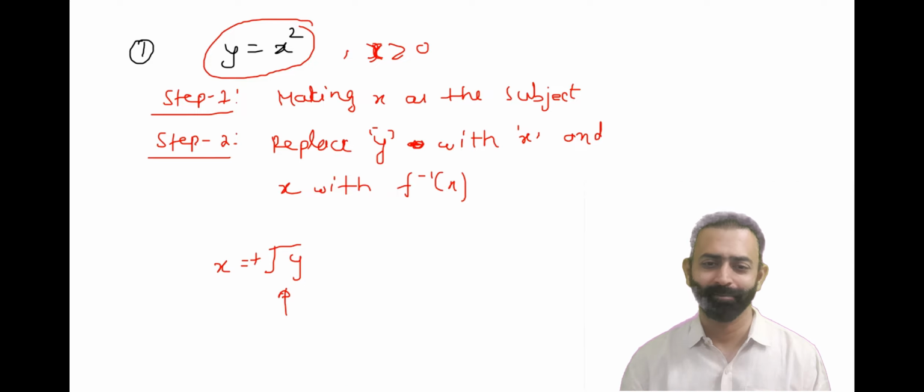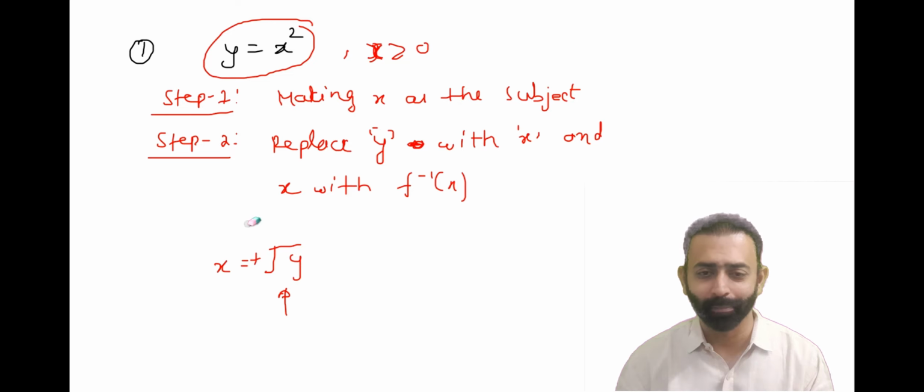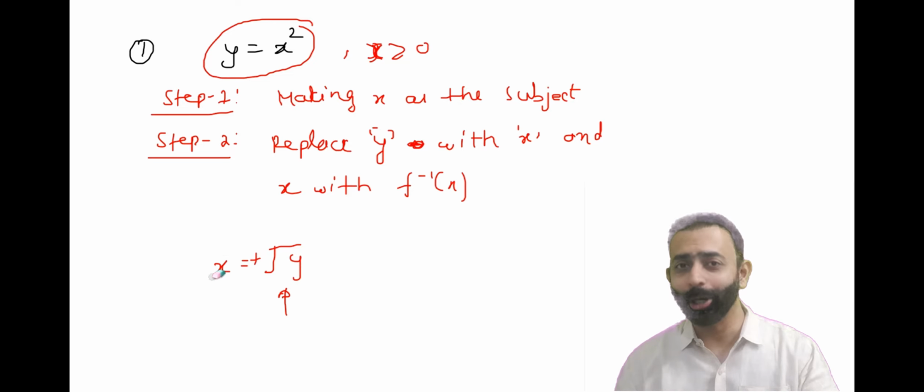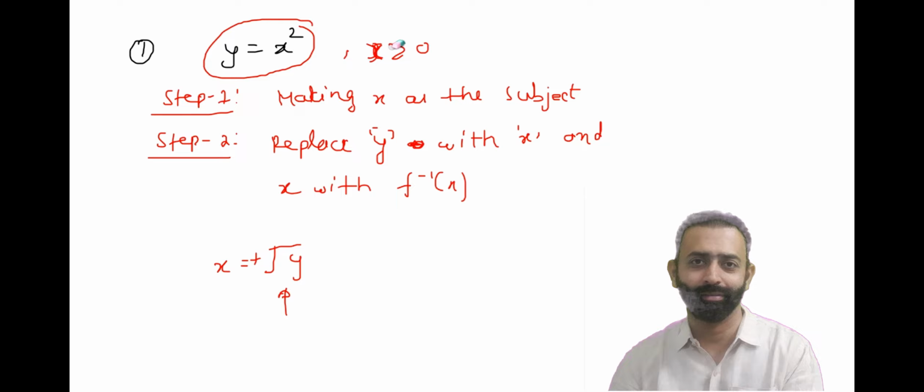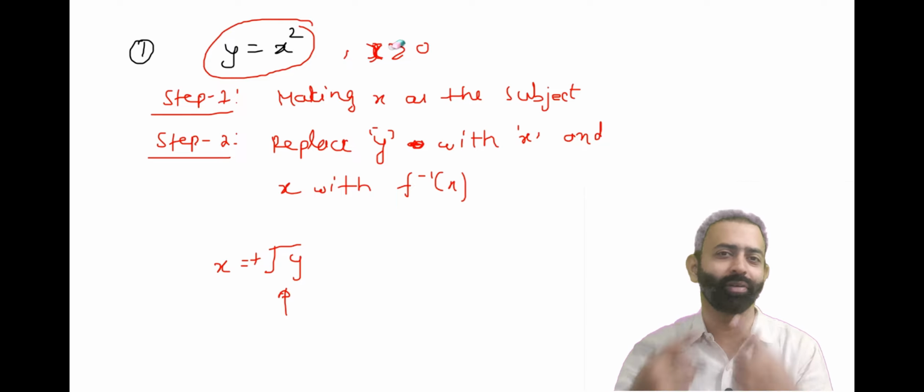As simple as that. This x and this x are the same, but here this x gives you the output of the inverse function, which is positive, and that should match the domain of the function. That's why the domain of f is the range of f inverse, and similarly the range of f becomes the domain of f inverse.